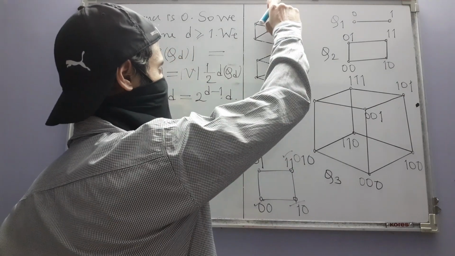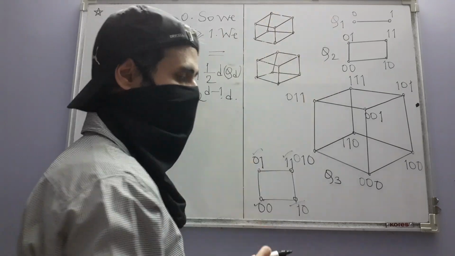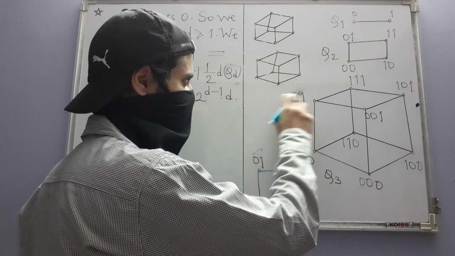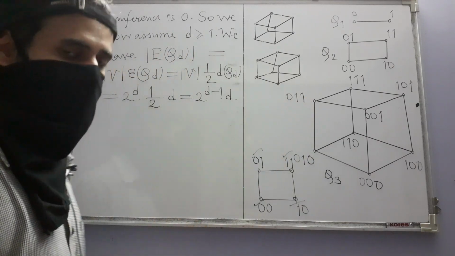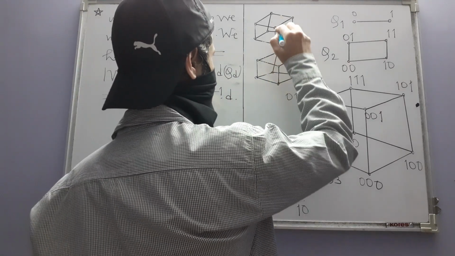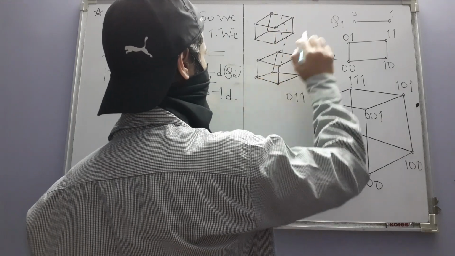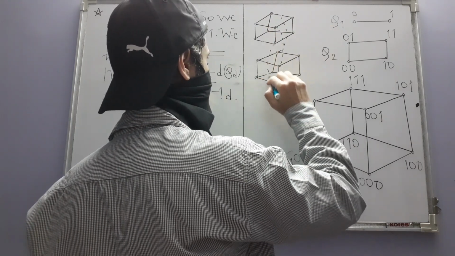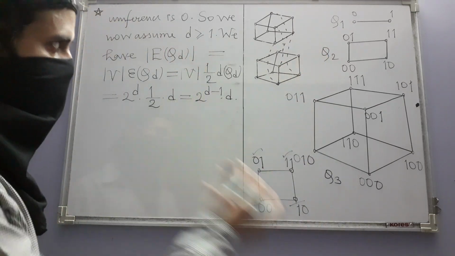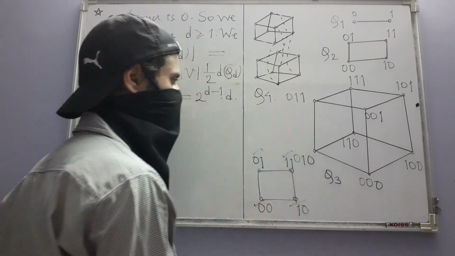You write an extra 1 at the end of all the strings that you see here in the upper copy, and you write an extra 0 at the end of all the strings that you see in the lower copy, and then you make corresponding vertices adjacent. Okay, all of them. If you do this process and complete it, then the resulting graph will be Q4.